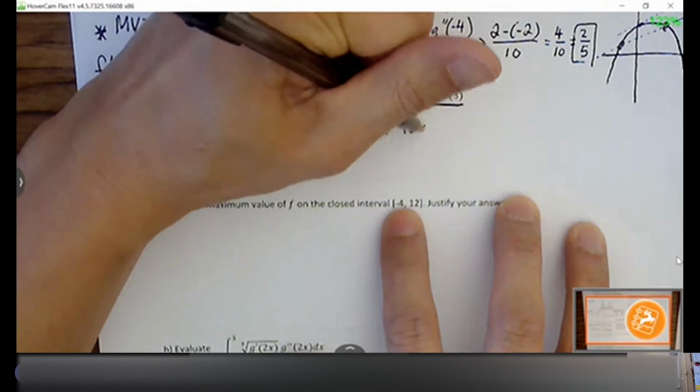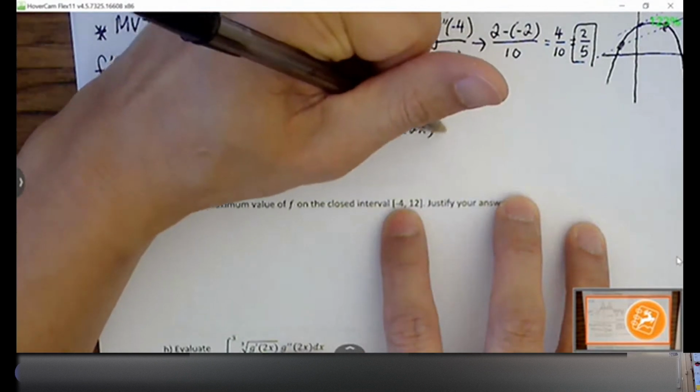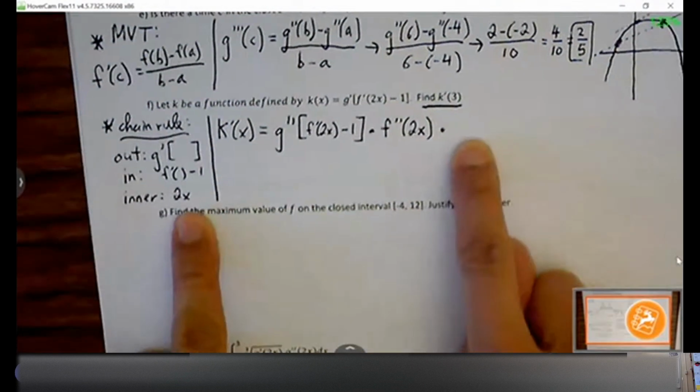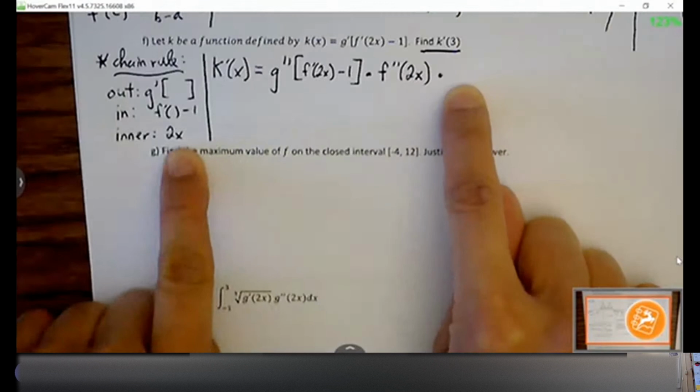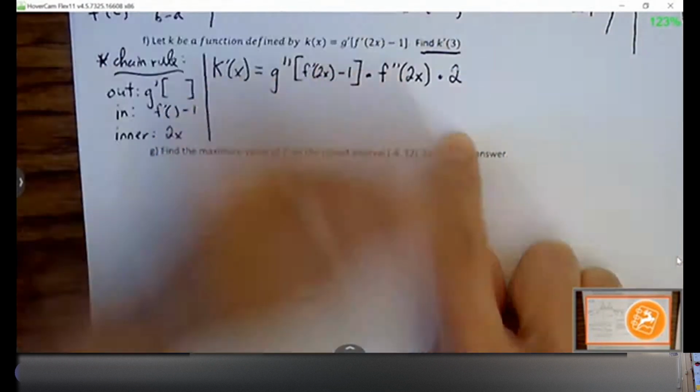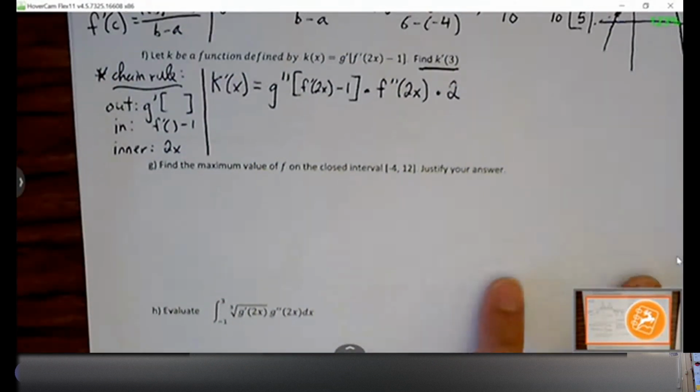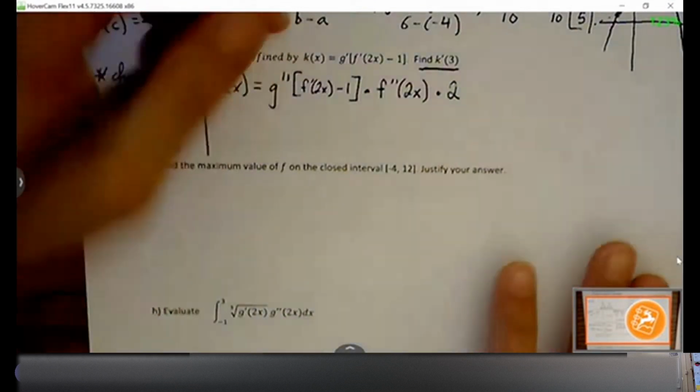And then we keep whatever's inside of that. And finally, the innermost portion's derivative, 2x becomes times 2. So that completes our calculus portion. The rest is just plugging in and trying to get that down to a number.